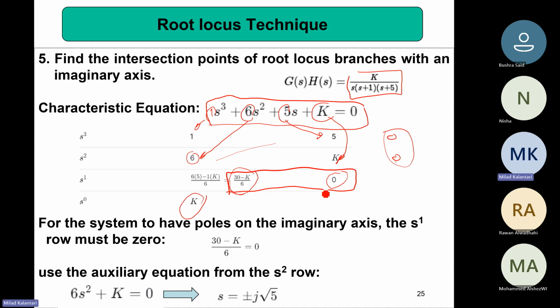So if we want this row to be 0, then k should be this, and you find the k value from here, right? It's 30. If k is 30, then one whole row is 0, which means that at k of 30, the roots are passing the j omega axis, right? And then if we want to know what value of j omega is, there are two things.